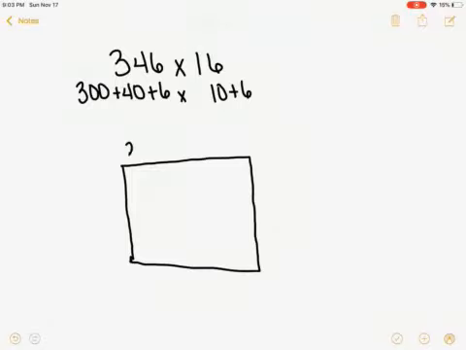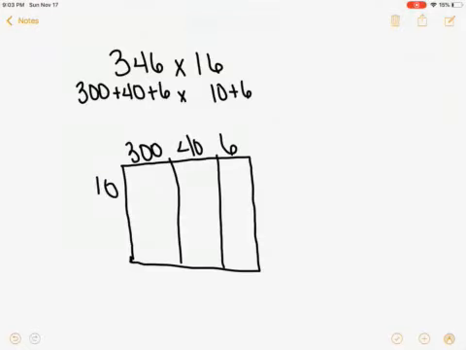Where I will put 300, 40, and 6. And then I will have my 10 and 6. So now we're going to multiply each factor.